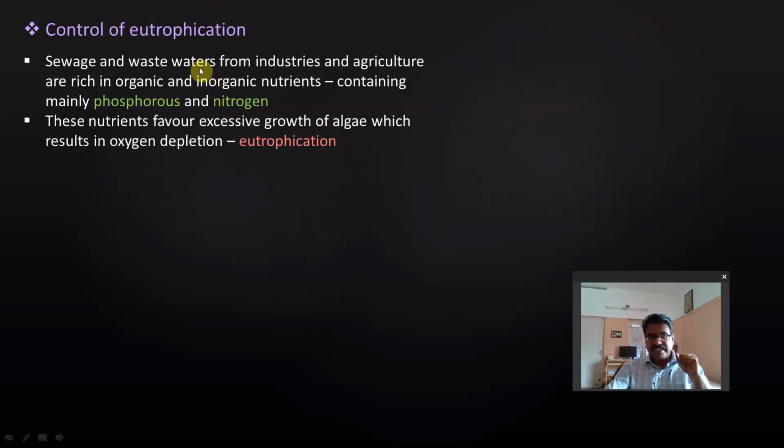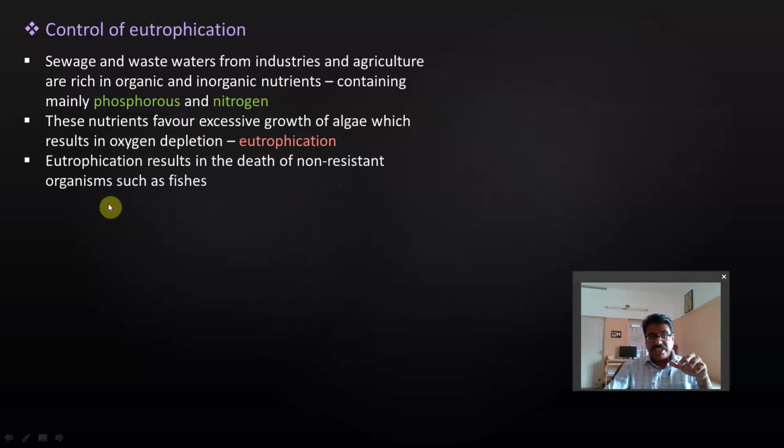So when sewage and wastewaters flow into natural aquatic bodies, there is a huge flux of nutrients, mainly phosphorus and nitrogen, and these nutrients favor excessive growth of algae, which results in oxygen depletion. That is called eutrophication.